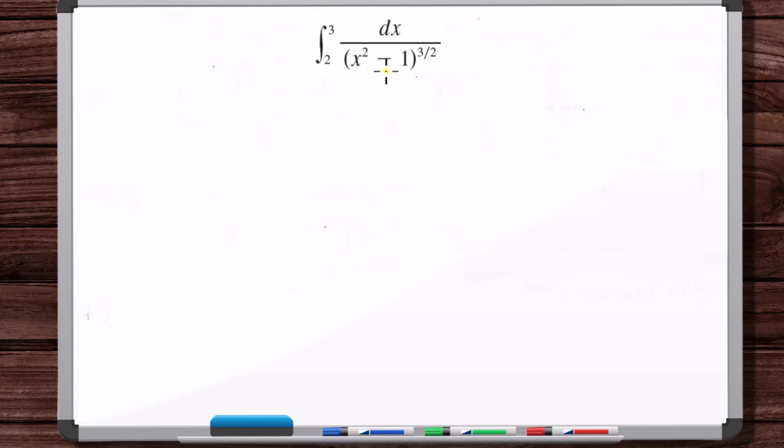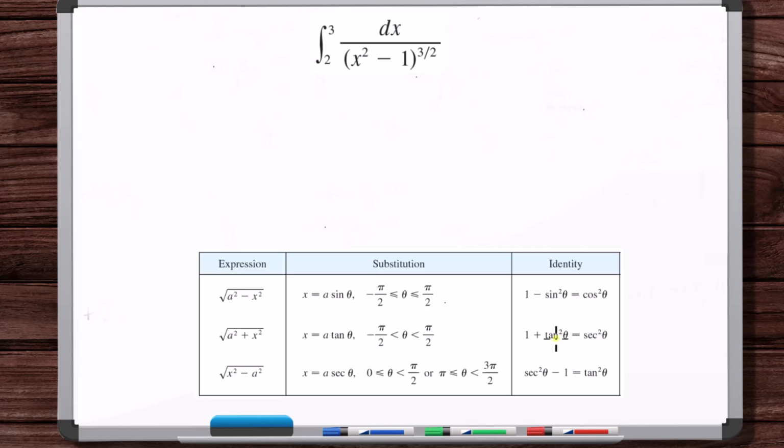It's x squared plus or minus a squared, or a squared plus or minus x squared, so we can think about a trig substitution. Again, it's this form here, x squared minus a squared. We have x squared minus 1 squared.